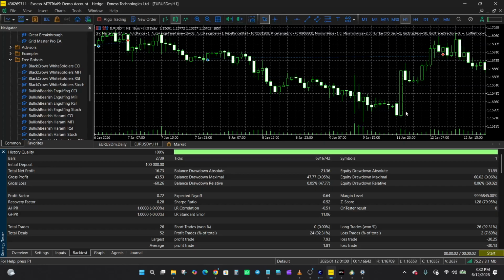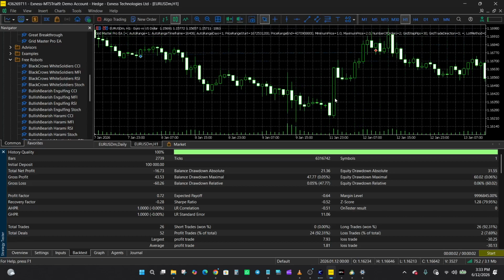The exact behavior will naturally depend on settings such as grid spacing, order quantity, trading direction, and risk configuration. Now, since these inputs are highly customizable, different traders may produce very different historical outcomes, even on the same instrument.